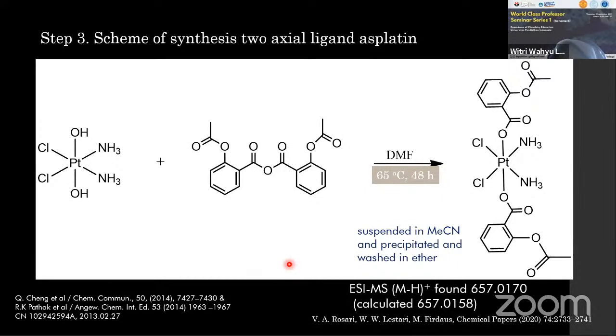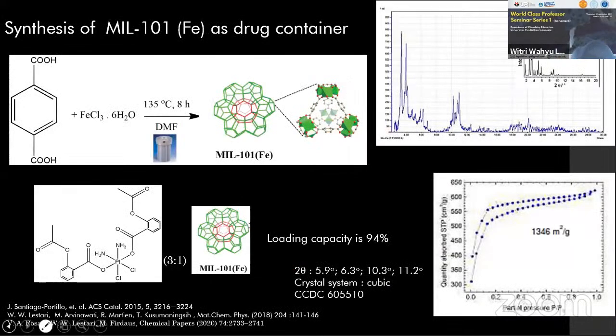And we try to load the drug itself in the MOF, MIL-101 iron, and the MOF itself was synthesized through the solvothermal method. We see here that the MOF has a loading capacity for this cisplatin, because this modified cisplatin is quite a big molecule, and the loading capacity is around 94%.